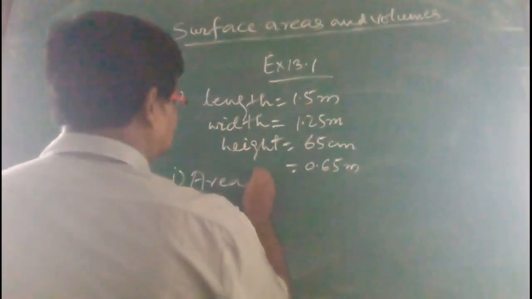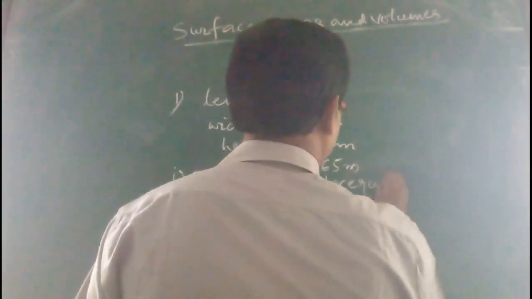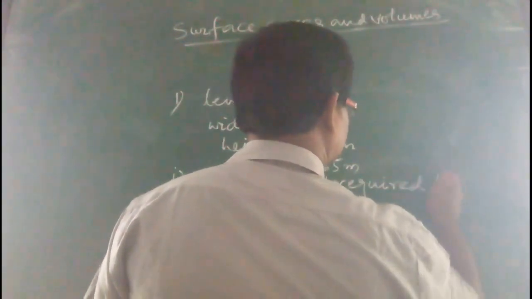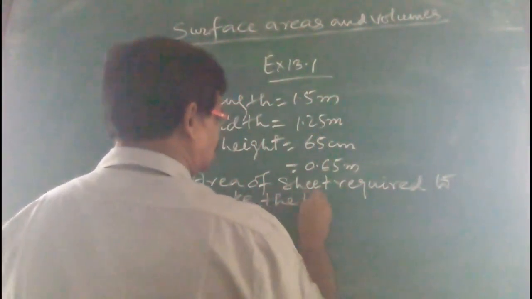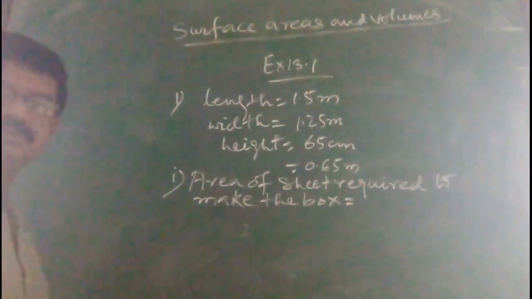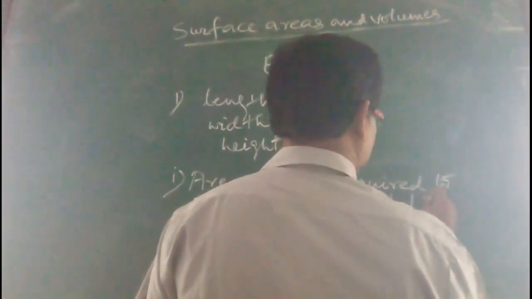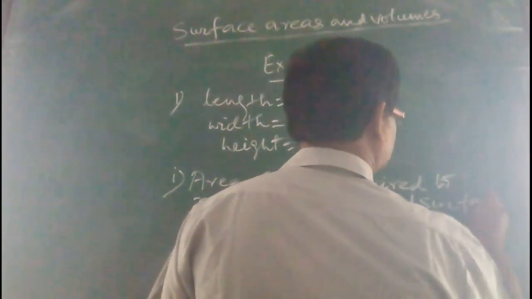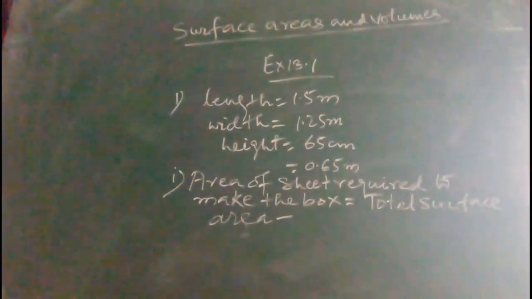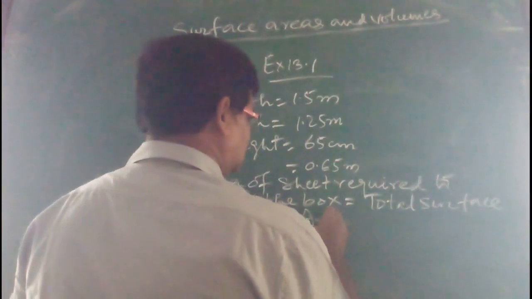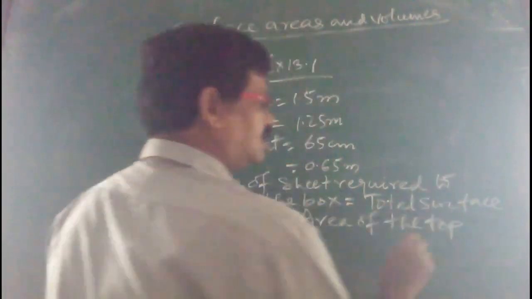Area of sheet required to make the box equals total surface area minus area of the top of the box.